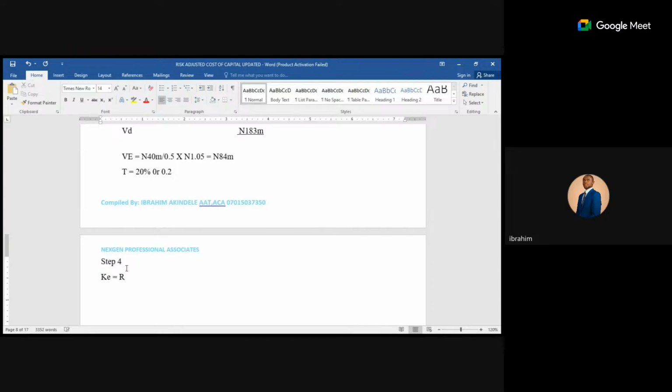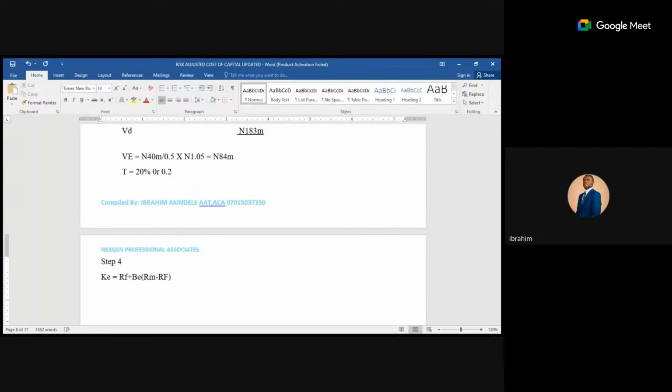What is the formula? Risk-free plus equity beta times market return minus risk-free.